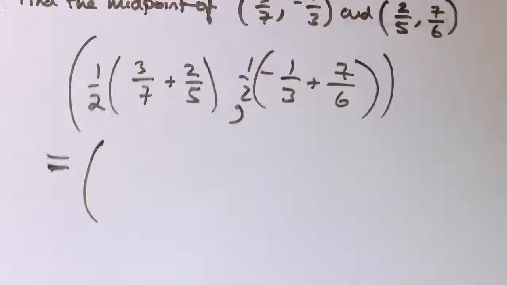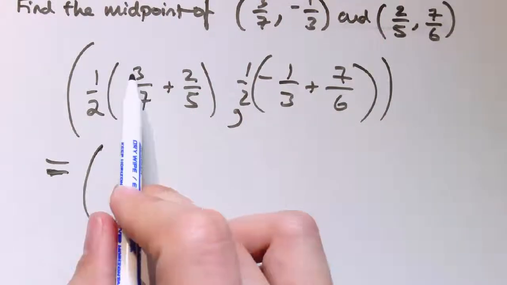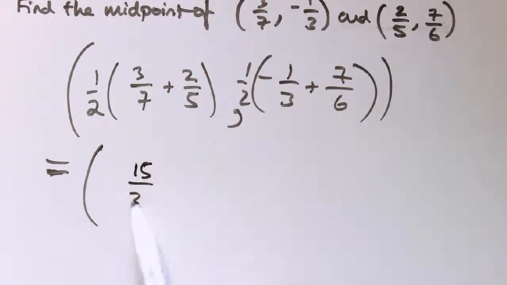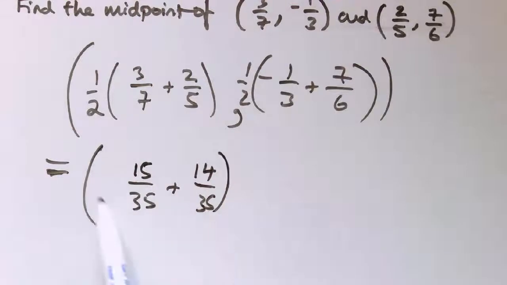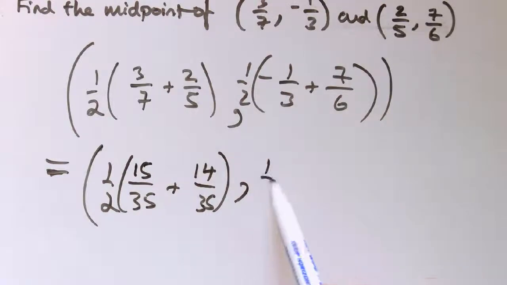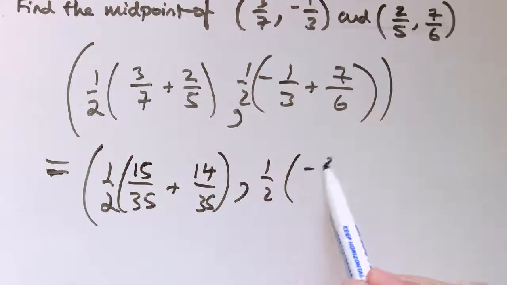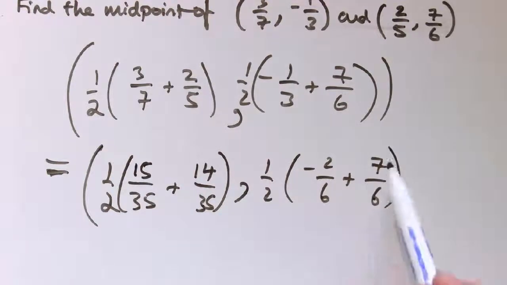So I need to put these over a common denominator of 35, so this is 15/35 plus 14/35, and then all divided by 2. And then this one I can put over a common denominator of 6 and say it's 1/2 of minus 2/6 plus 7/6.